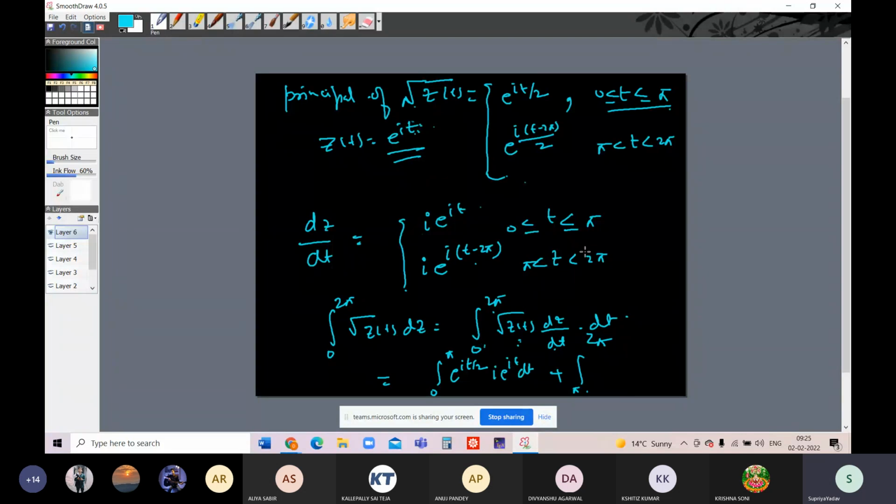And from pi to 2 pi, square root of z(t) will be e to power i(t minus 2 pi) upon 2, and dz by dt will be i times e to power i(t minus 2 pi) into dt. Simply integrate these two integrals, and we will get the required result. You can do this simply, please do it and tell me what answer you get.